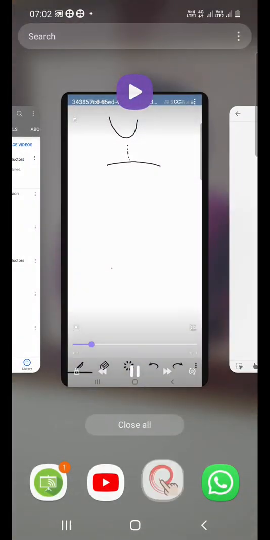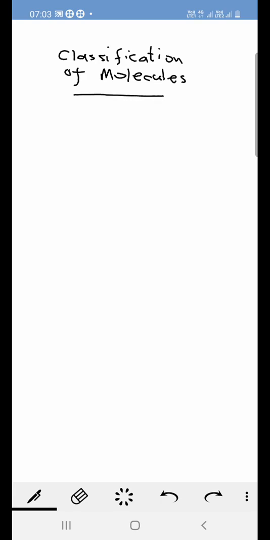Hello students. In this lecture we will discuss the classification of molecules. These classifications will be based upon the three moments of inertia.